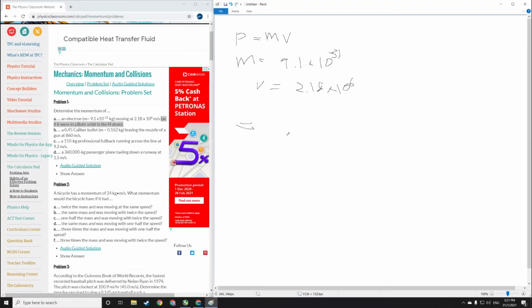Okay, so our p is going to equal 9.1 times 2.18 times 10 to the power minus 31 times 10 to the power 6.